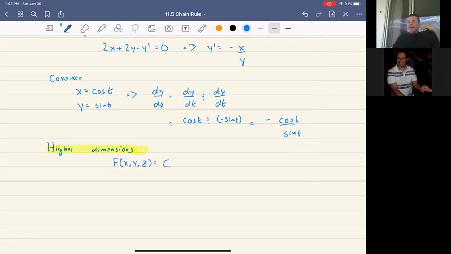Remember, this is a three-dimensional object, but it's set equal to a number, so like a sphere. That's a typical example. A sphere is really a two-dimensional object, just like a curve, even though it lives in 2 dimensions, is a one-dimensional object.